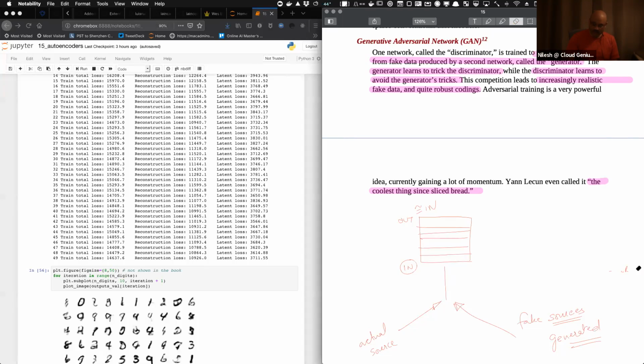And so the underlying idea is that you want to have this system detect actual or real versus fake, and tell the true output, the actual output.